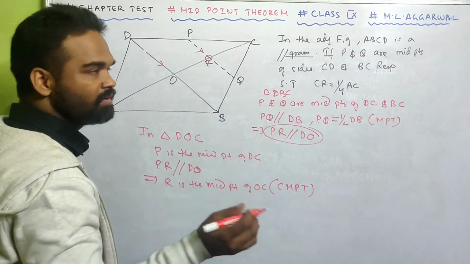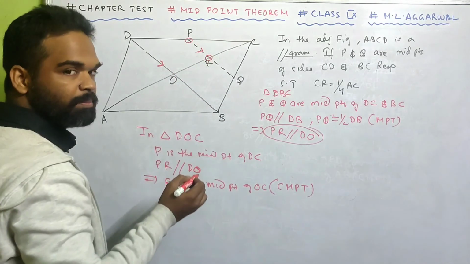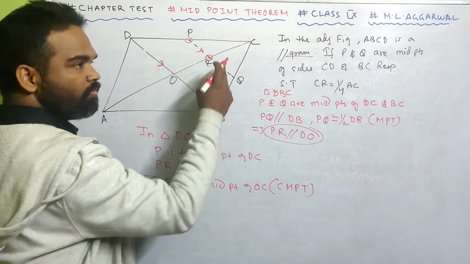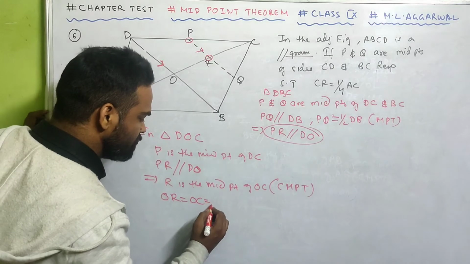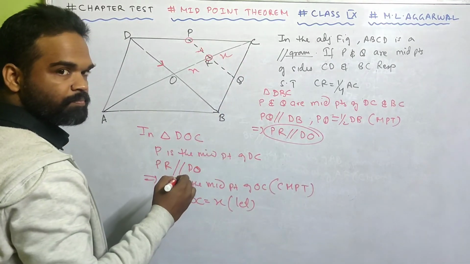Just now I explained, if this is the midpoint and this is parallel to this, then this will be the midpoint. Done. So R is the midpoint of OC. So OR and OC will be the same. Suppose x. So this is x, this is x.